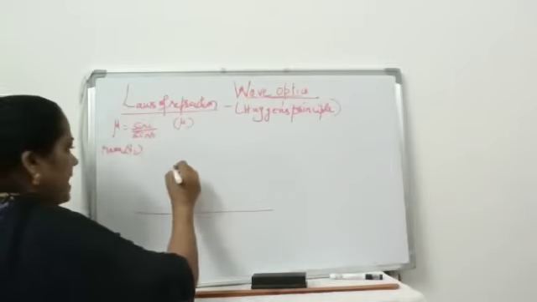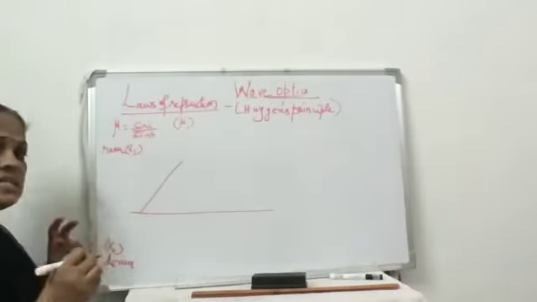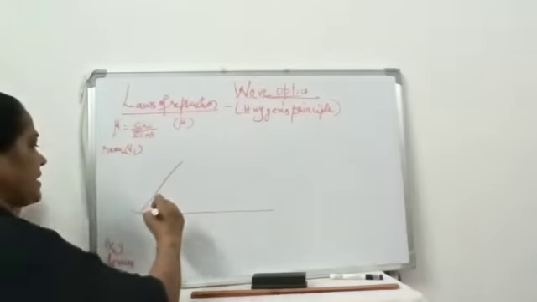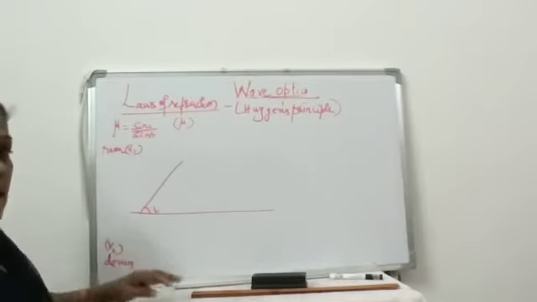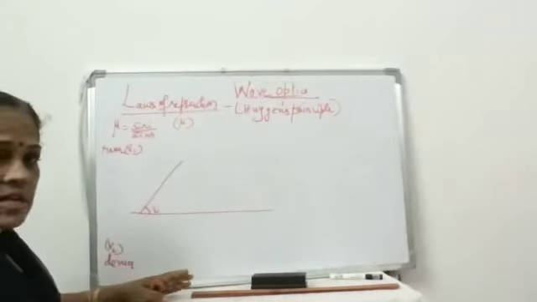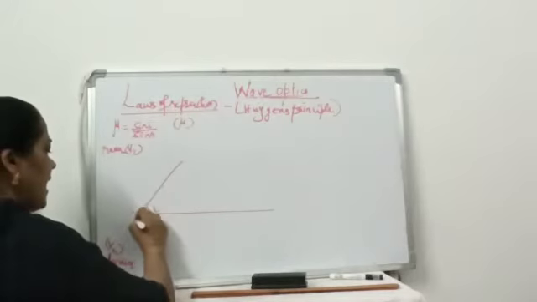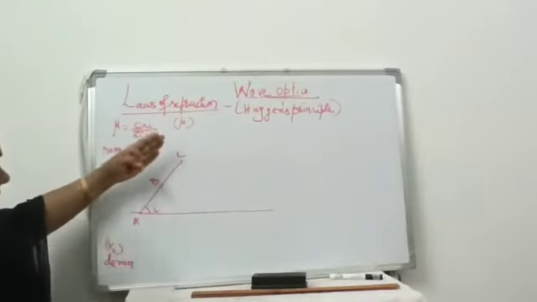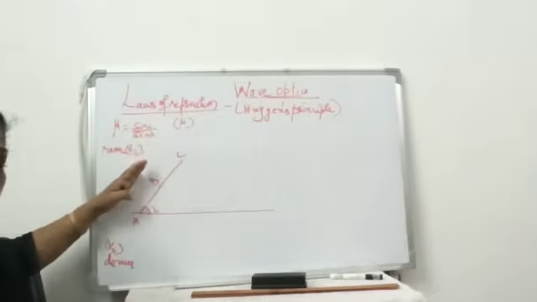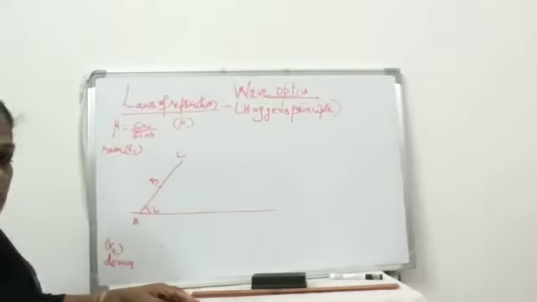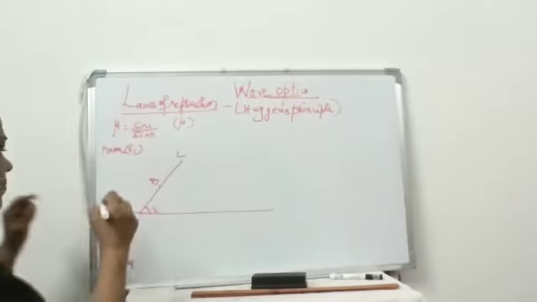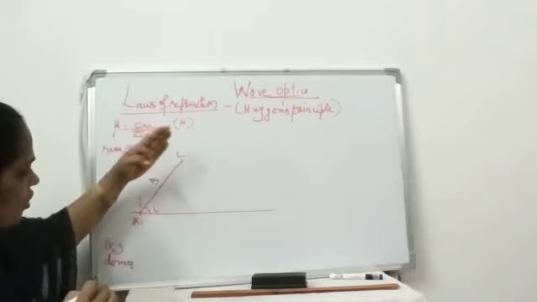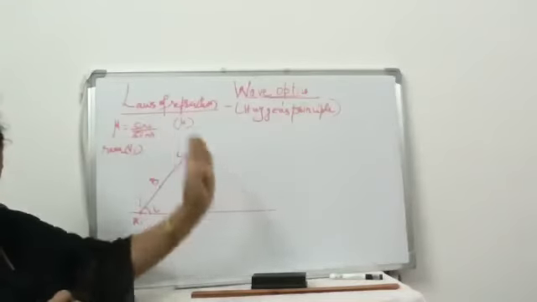Now, let ABC represent a section of a plane wavefront which is incident on this refracting surface at an angle i. This is a portion of a plane wavefront, which I mark as A, B and C. Now if I drop a normal over here, whenever you draw a wavefront, the rays are normal to it.